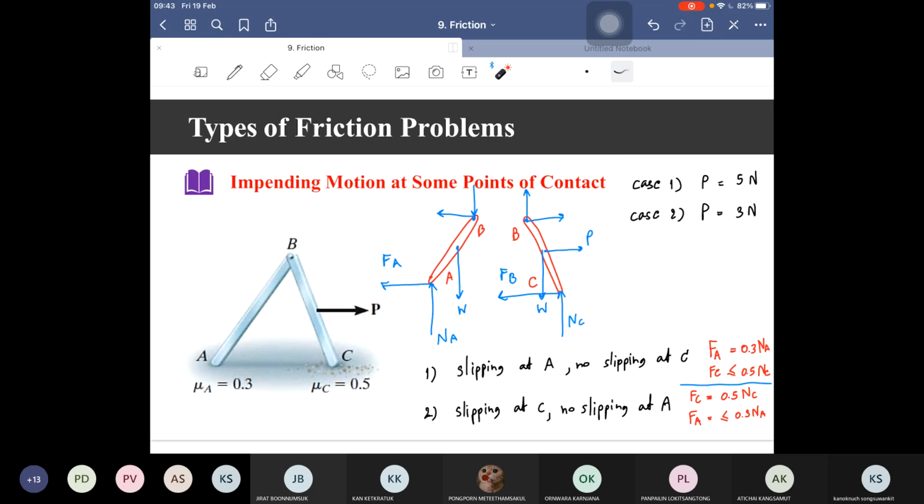So the important point is that when you solve the equilibrium problem, you have to consider every case that can occur for that system. And then after you determine the frictional force of its contacting surface, finally you can predict the actual situation by comparing the coefficients of friction or sometimes comparing the force that is exerted on the system.